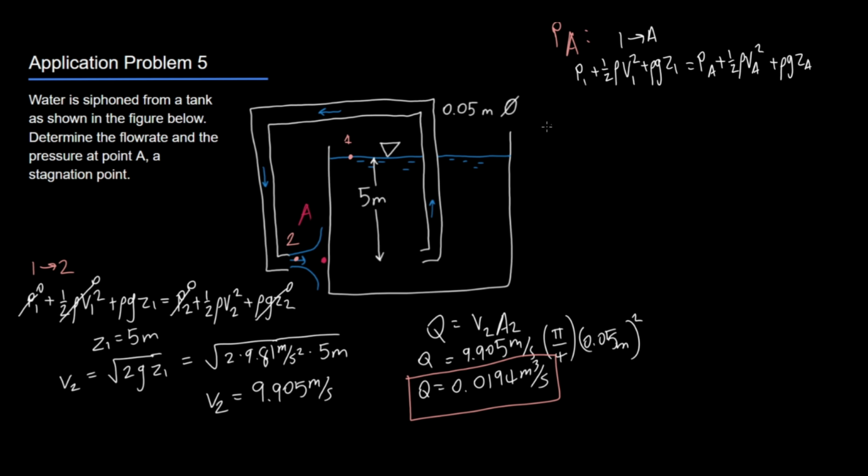So we're going to set our datum of height reference to the height of A, which will mean ZA is 0. And that means Z1 is equal to 5 meters.